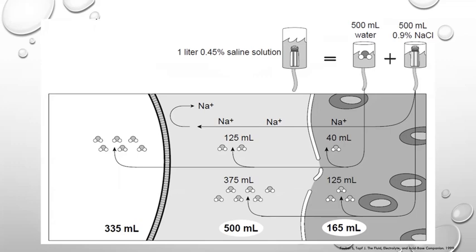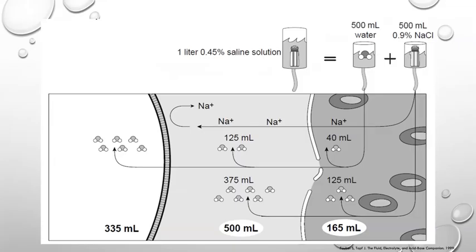The first example is a hypotonic fluid, half normal saline, or 0.45% saline. It's called this because it contains half of the amount of sodium and chloride as normal saline does. Think of the contents like a liter bag, where half of the bag contains normal saline and the other half of the bag contains water.